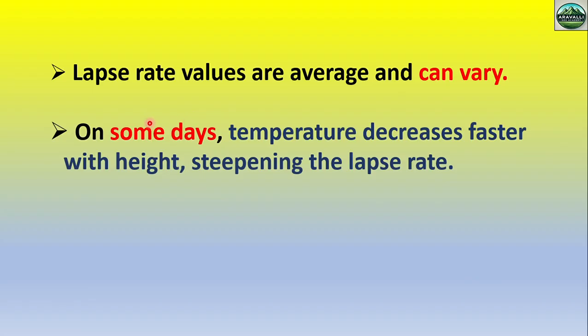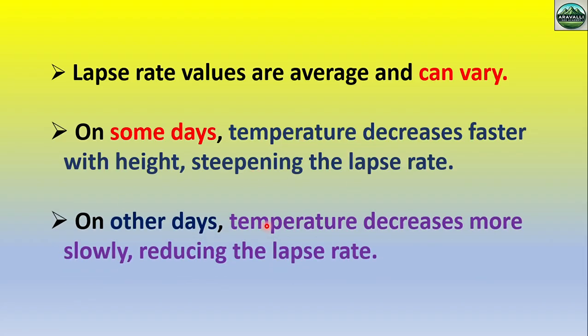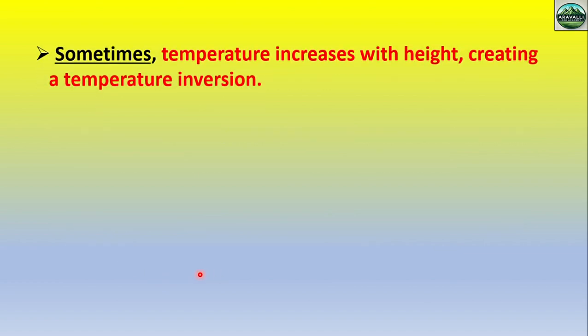Some days, temperature decreases faster with height, beyond 6.5 degrees, and we call this a steep lapse rate because temperature decreases quickly. Some days, temperature decreases more slowly, less than 6.5 degrees per kilometer, and this type is the gentle lapse rate, because temperature reduces very slowly with height. So we can say lapse rate is not constant.